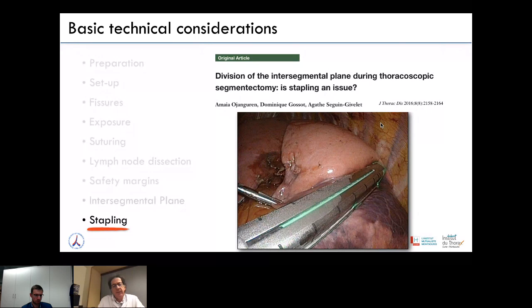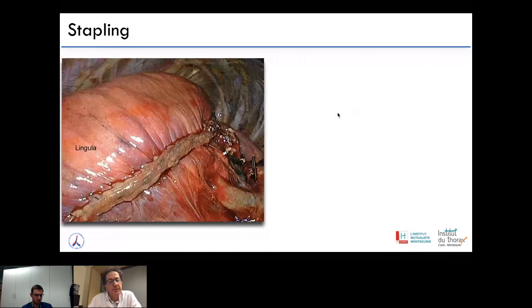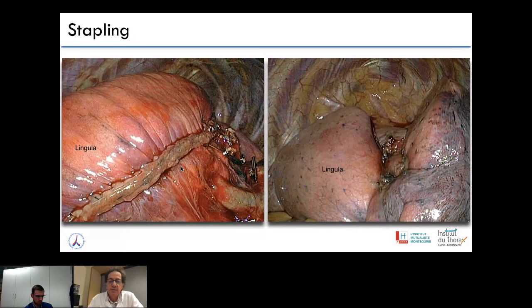There are actually many publications, especially experimental ones, that show that this is not true. So, of course, you can sometimes have this aspect with a plication of the lobe, but it's very difficult to say that you will lose a lot of respiratory function because of this plication. And in most cases, you get this satisfactory result as on the right side.